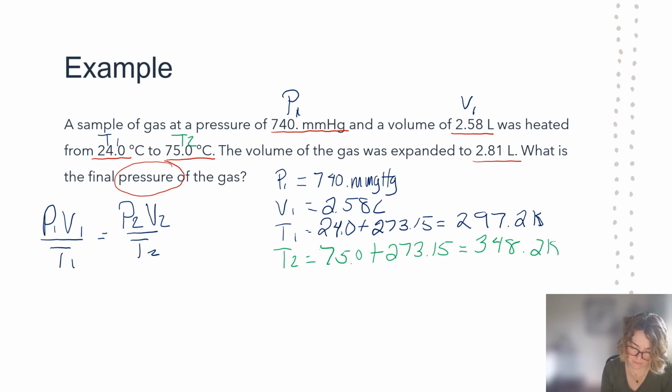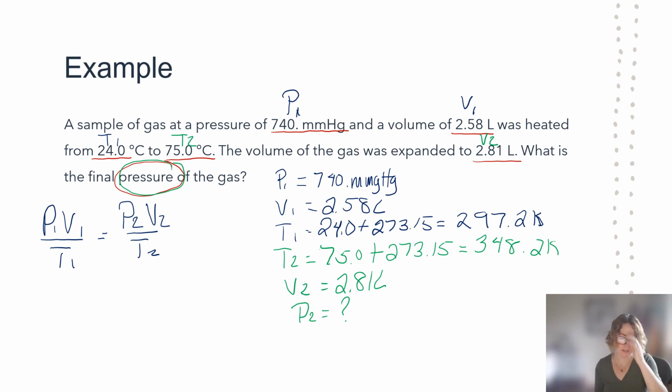I have a second volume, and that's 2.81 liters. And here I'm specifically asking for pressure, so that is what I am solving for. So that's the first thing I go through and do.